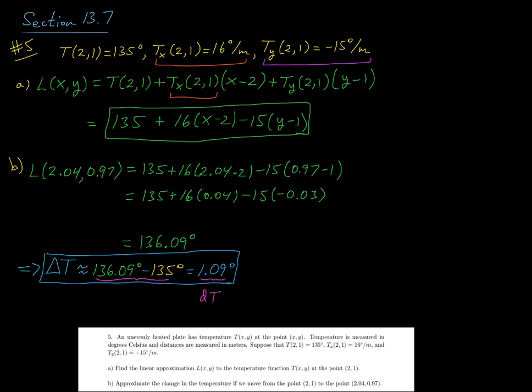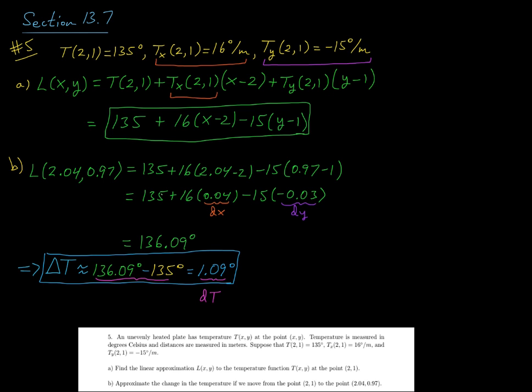Looking at 16 times the 2.04 minus 2, that's really just 0.04. So put another way, this 0.04 is nothing other than dx. It's just our little change in x. And what is the minus 0.03? Well, that is just the dy. We've decreased y by 0.03 units.